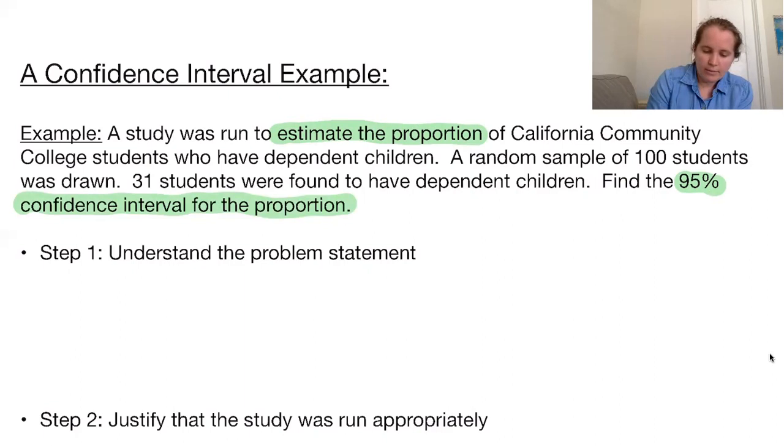We have a random sample. This is extremely important. We can do nothing if we do not have a random sample of 100 students.